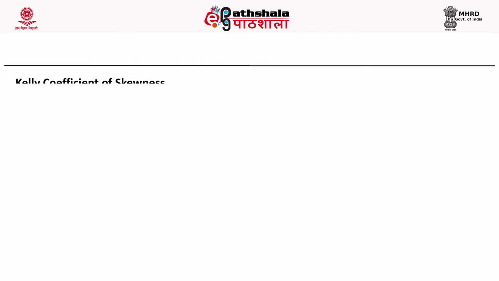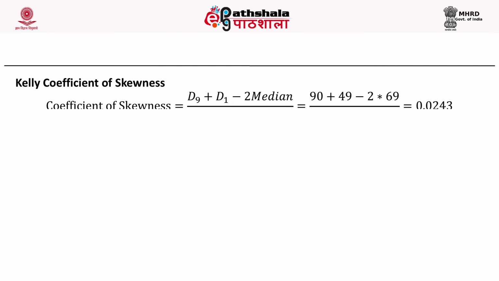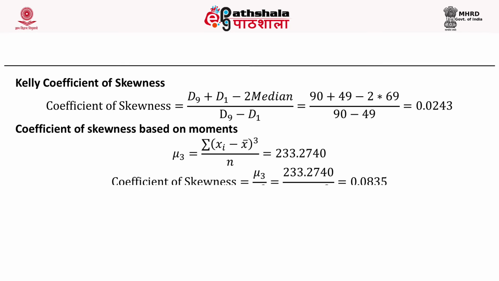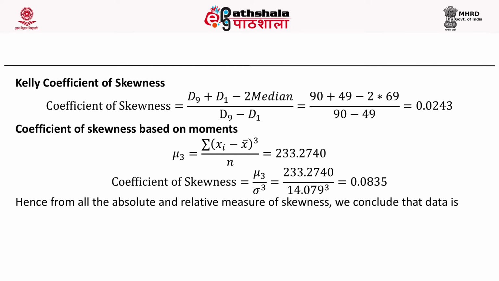Similarly for Kelley coefficient of skewness, after putting the values we will get the answer as 0.0243. And for the coefficient of skewness based on moments, here first we require the Q3 value and sigma power 3, and the answer is coming out to 0.0835.